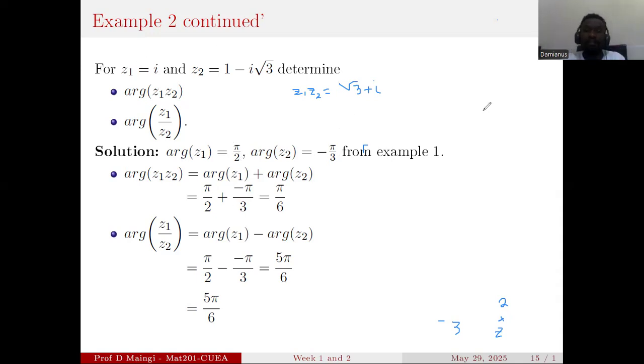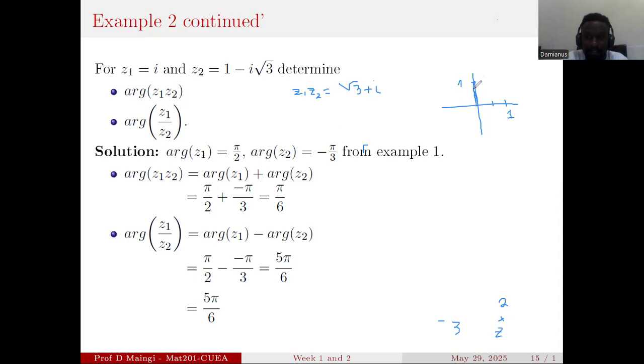Now, what is this? This is 1I. The x value is the real value, so the I part corresponds to the vertical axis.